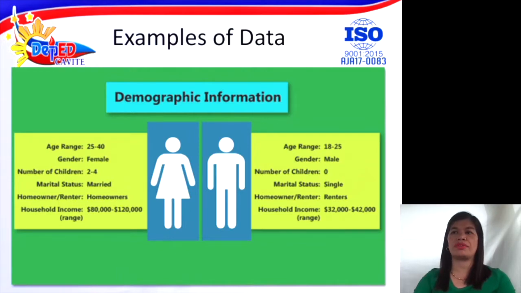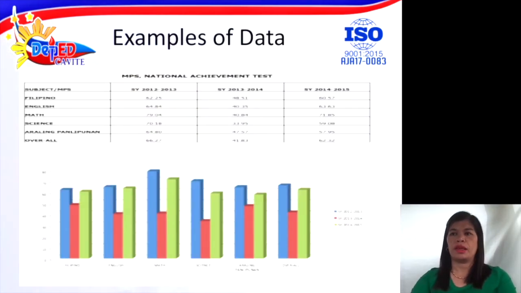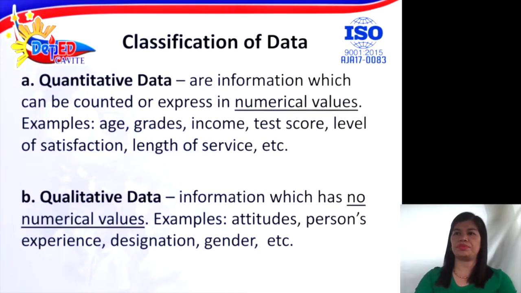These are demographic information. If your respondents or participants are students, then you can get data such as achievement test results, the grades, and their test scores. These are examples of data.